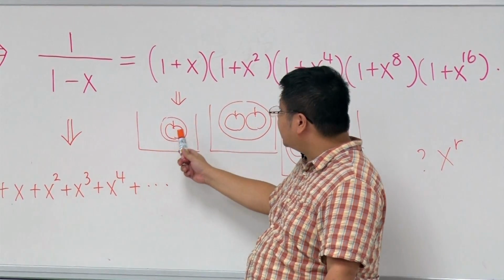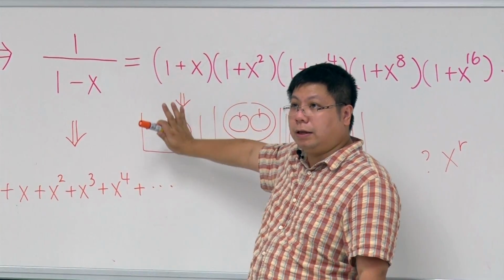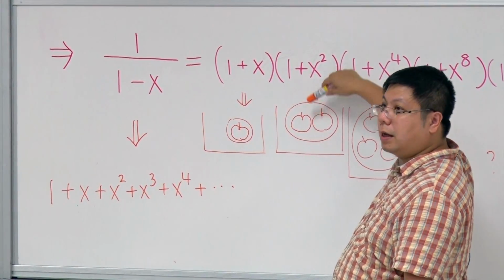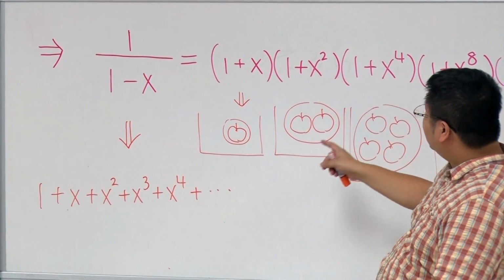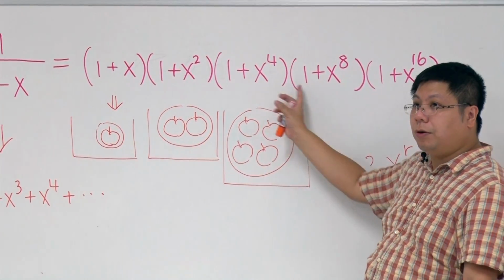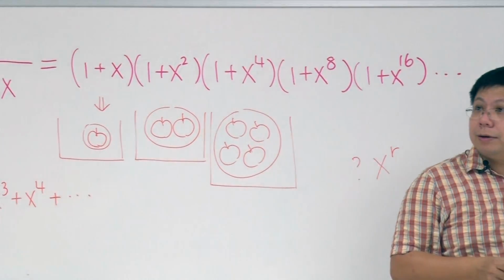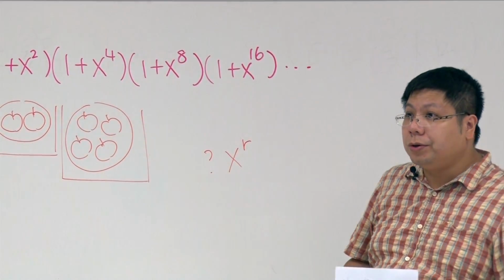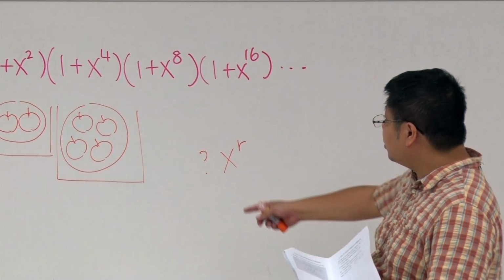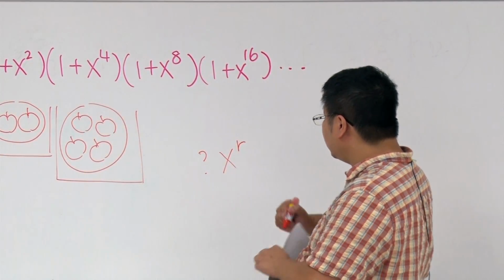For this box, I can select this, or I can just ignore this. For the second box, I can select this whole thing together, or I can skip this. For the third box, I can select this whole thing together, or I can skip this. Is that okay?